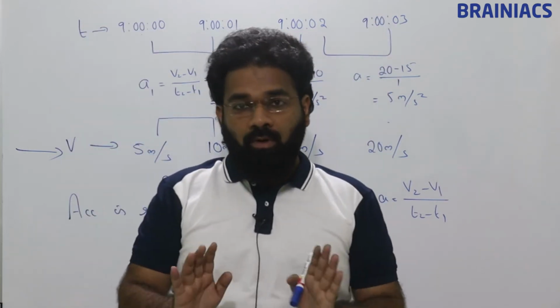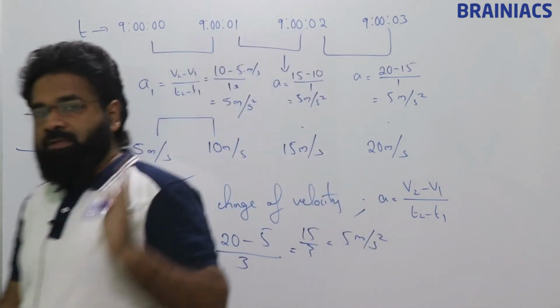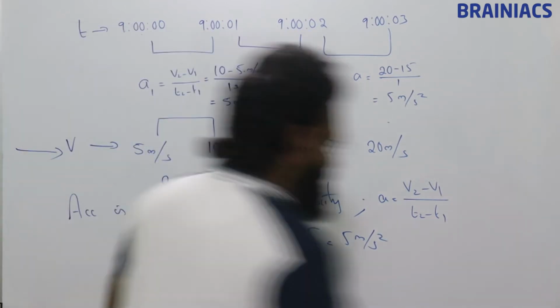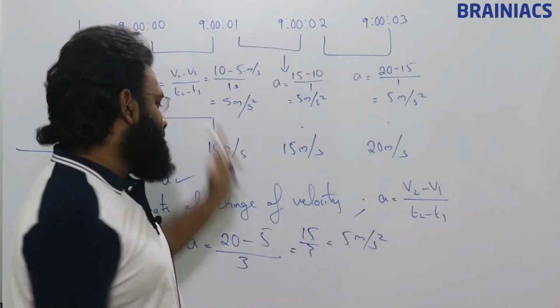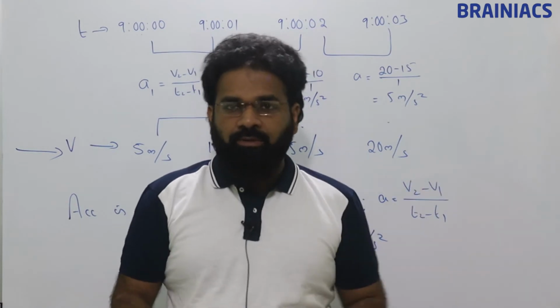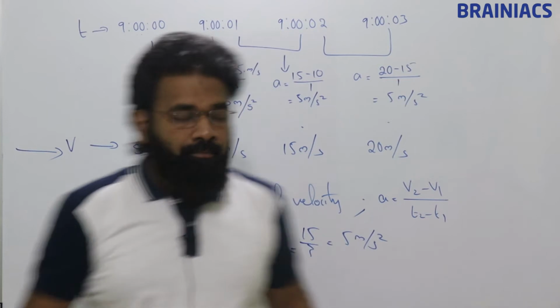So constant acceleration, but velocity will be increasing. Pause the screen, note it down. Okay, so this is constant acceleration. We will see uniform acceleration or constant acceleration. We will see non-uniform acceleration also.